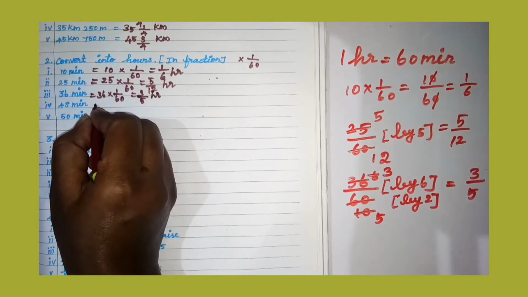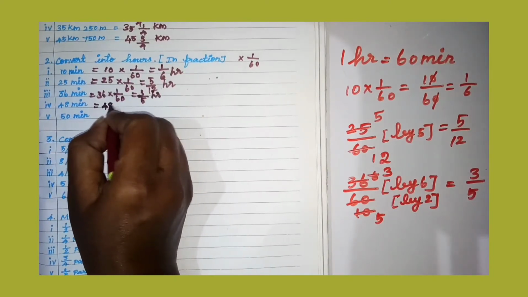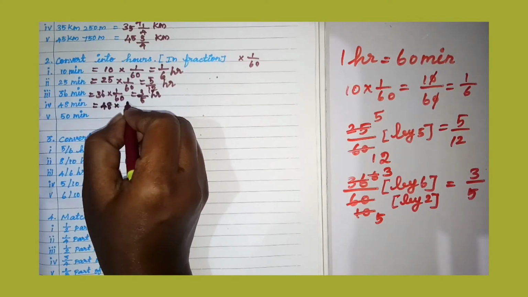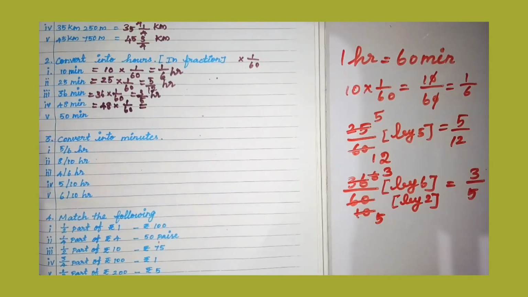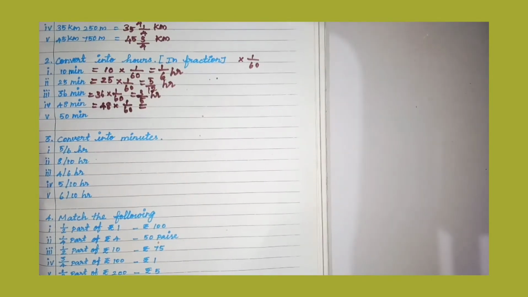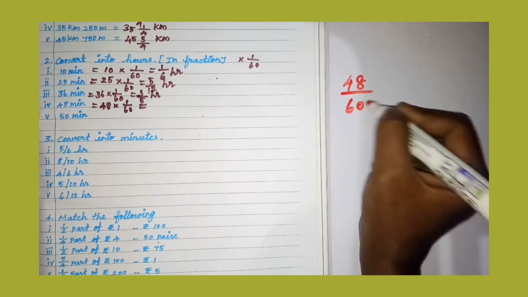Fourth sum, 48 minutes. So 48 minutes we write 48 into the formula 1 by 60 is equal to 48 divided by 60.